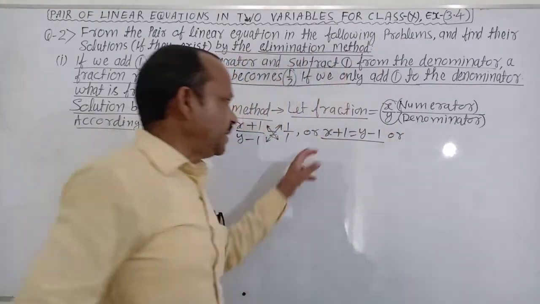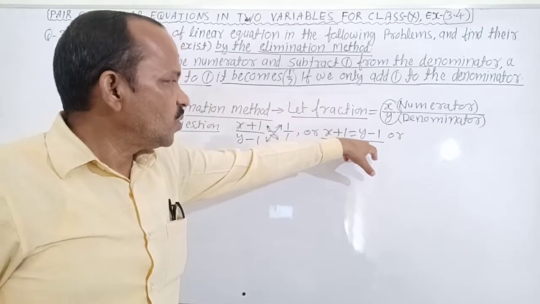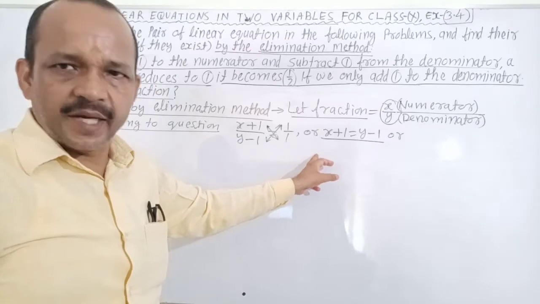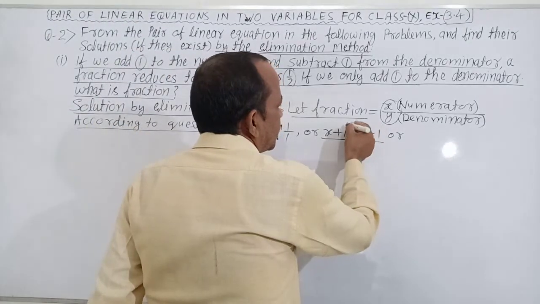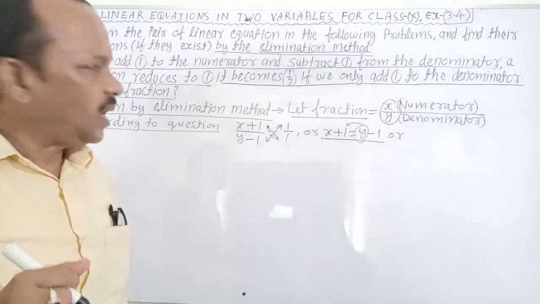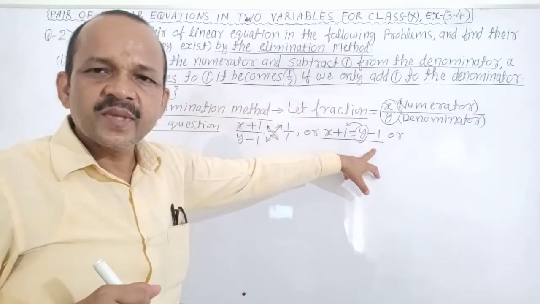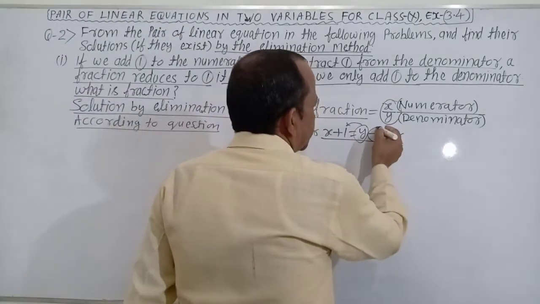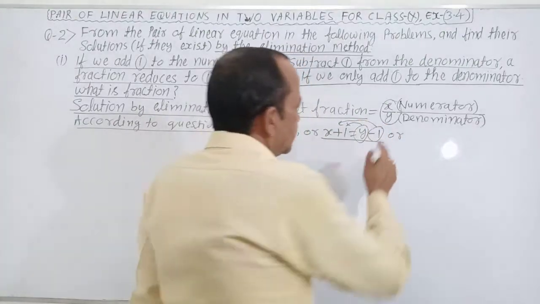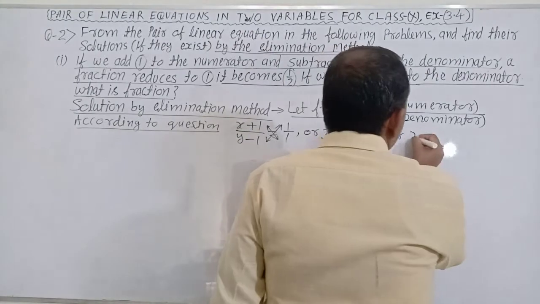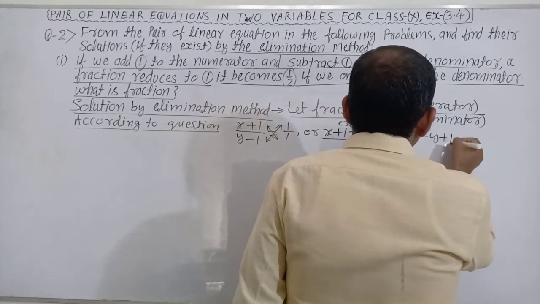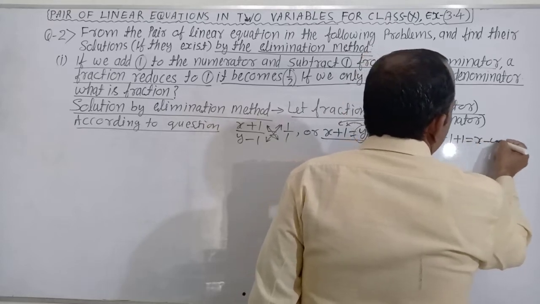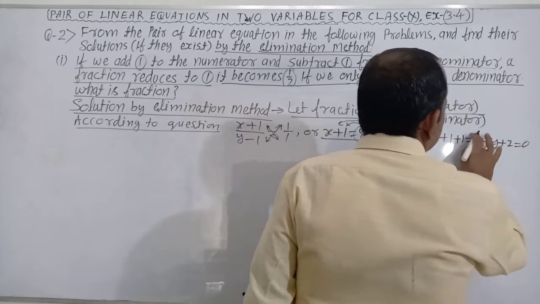Or you can write y on the left side of equal, and minus 1 on the left side of equal. Your equation becomes x minus y plus 2 equal to 0.